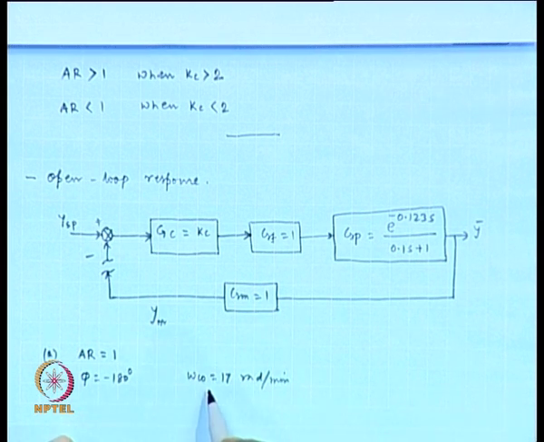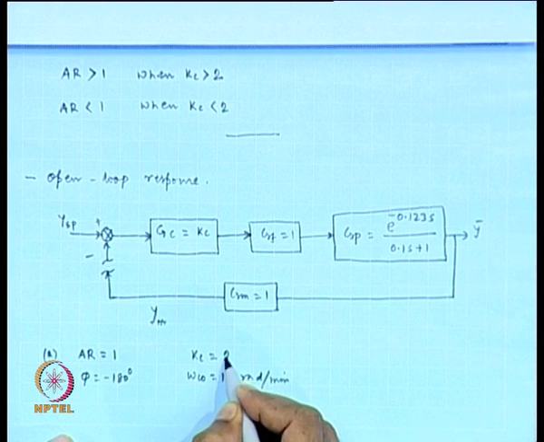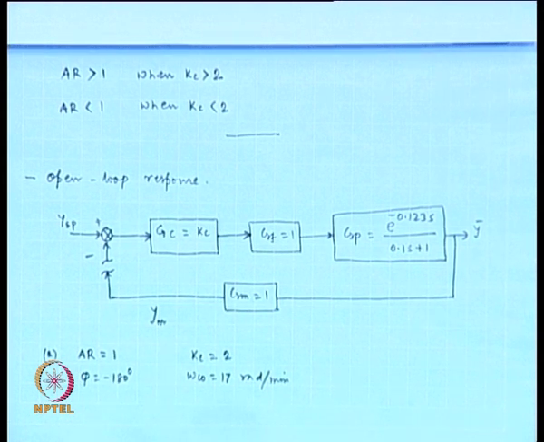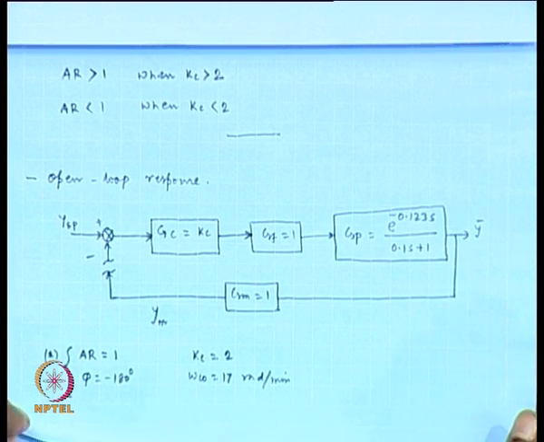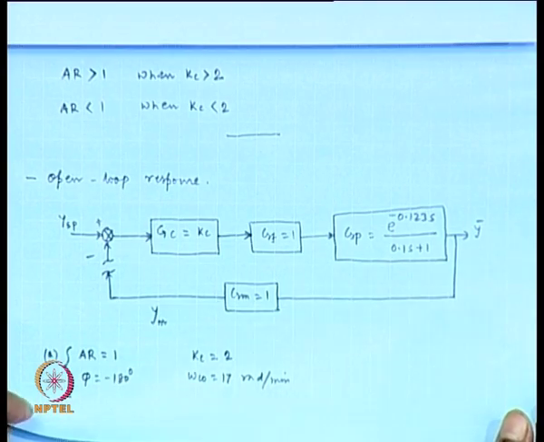Now, at this crossover frequency, we obtain Kc equal to 2 at amplitude ratio equals 1. So, this is our first consideration.